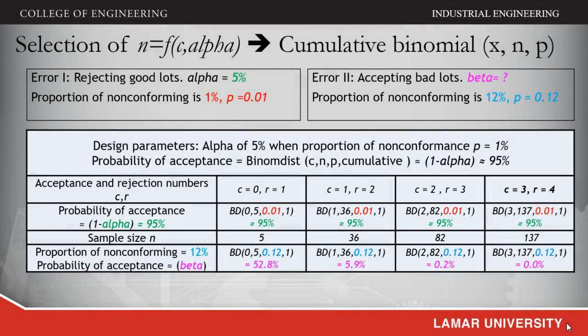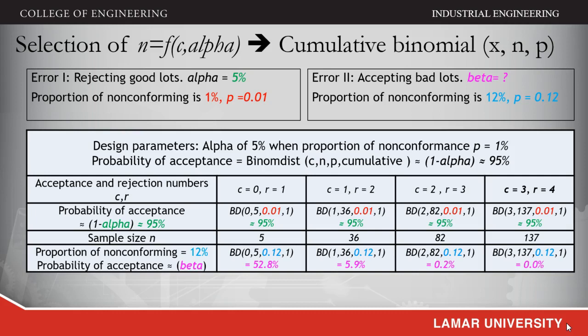So here you see how this trade-off happens. You are still willing to reject 5% of the lots, but because you are extracting more information, the risk, the beta error, or the probability of accepting a lot that should not have been accepted, is being reduced.